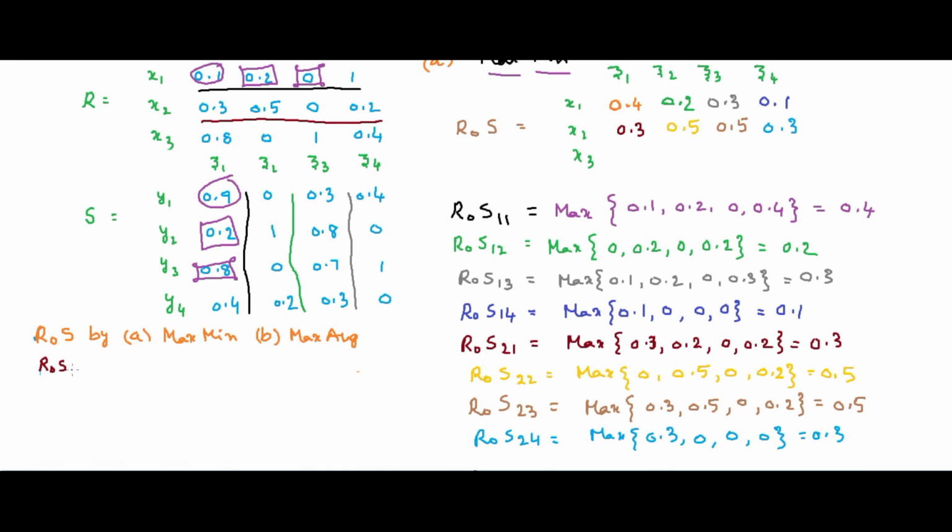Now we need to find composition of 3 and 1. So I need to go ahead with x3 now and z1 now.